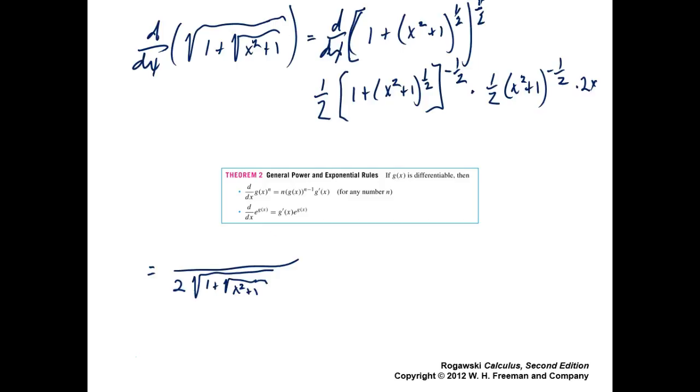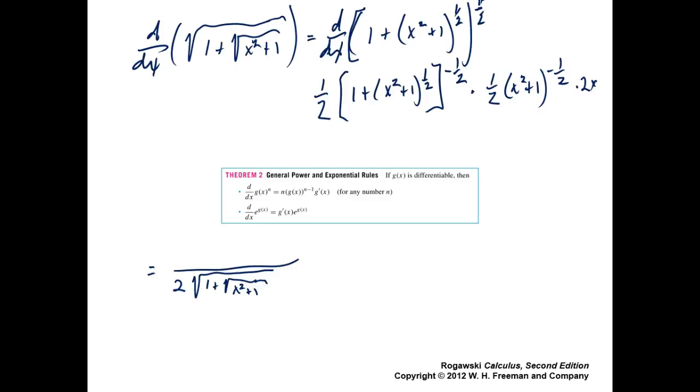Here's my dumb little thing. Since they gave me the problem in radicals, I worked it out using exponents, but then I got this feeling they want it back in radicals again. So the 2 is in the denominator, and this part, because it's a minus 1/2, is in the denominator, and that's this thing right here.